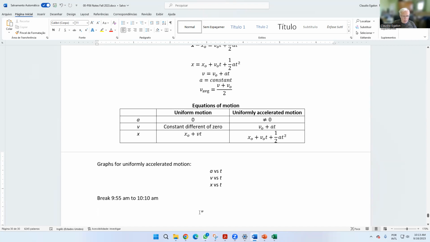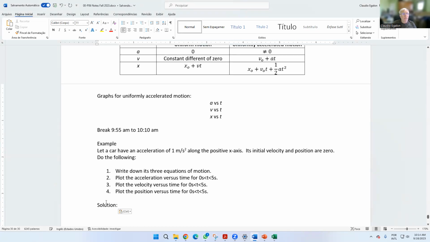Hello, folks. I'm back here. Let's do a simple numerical example. Example of uniform motion.